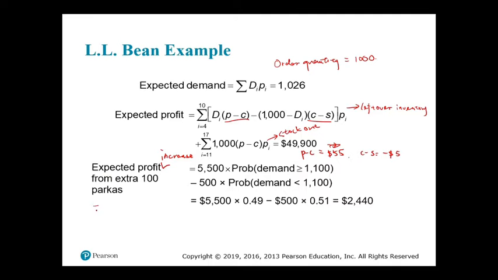So the expected profit from ordering 1,100 units is going to be 49,900 plus 2,440 equals 52,340.